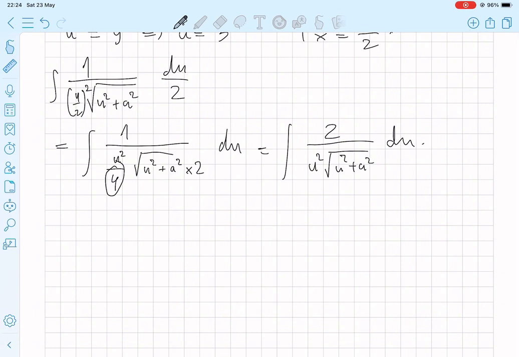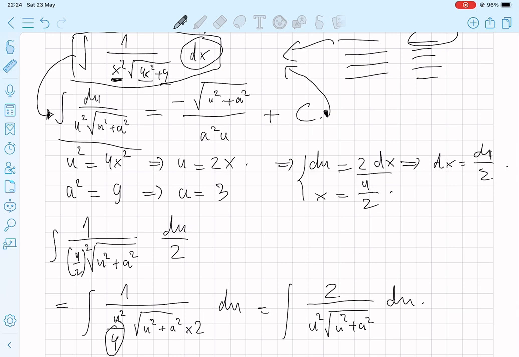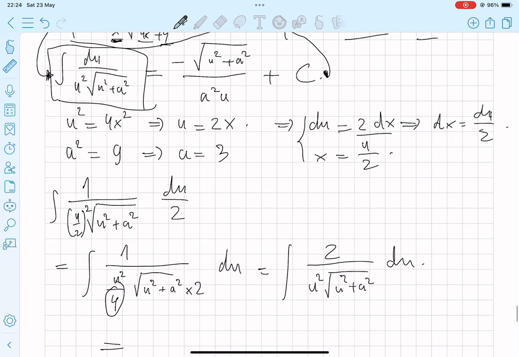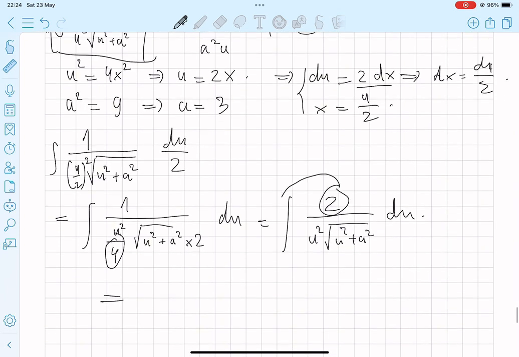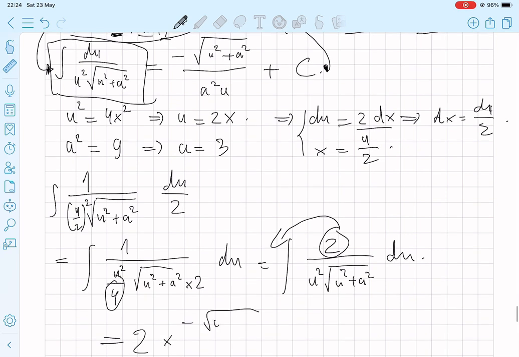Now it's not finished yet, because the integral is with respect to x, so your final answer will be an equation that has x in it, not u. So you go ahead and change u and a into a number or x. First we have to use the formula right here.